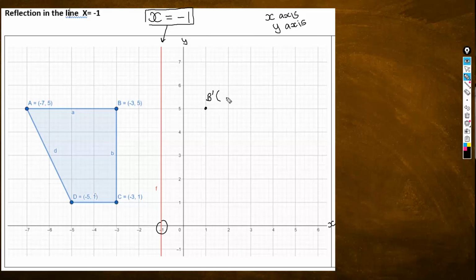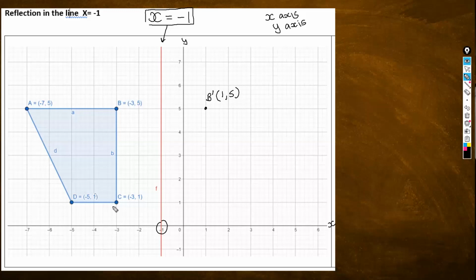Let's do that again for those who are a little confused. According to the question, we have to pretend the red line is the mirror. And point B is how many big blocks from the mirror? 1, 2. So that means on the other side of the mirror, it will be 1, 2, which means B prime is 1, 5.